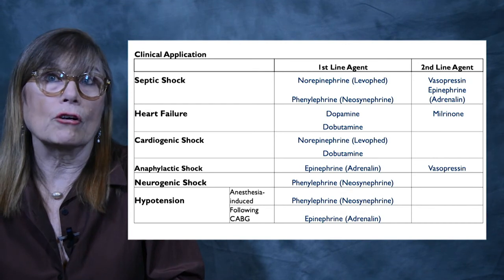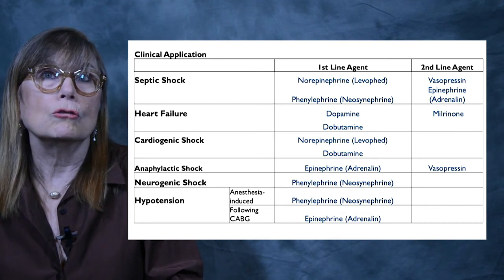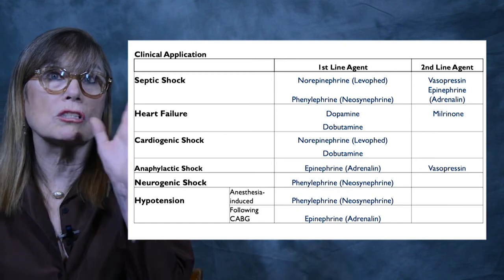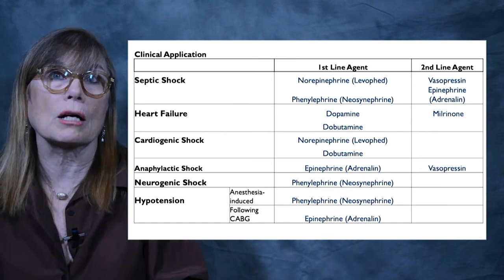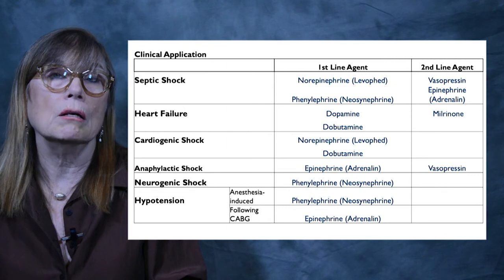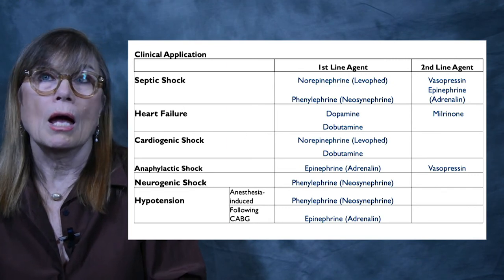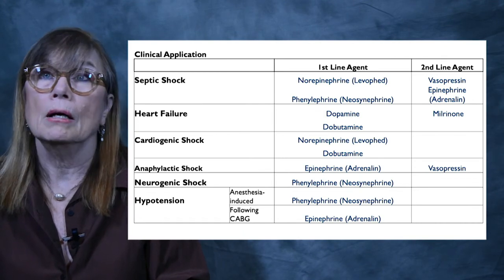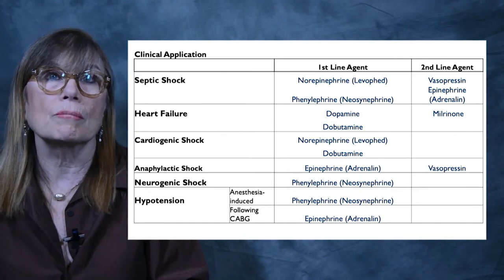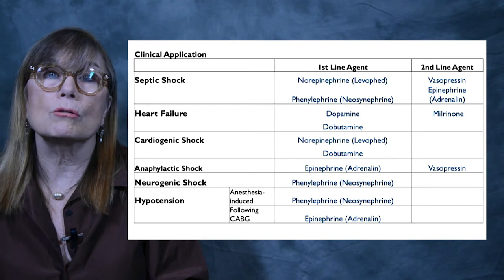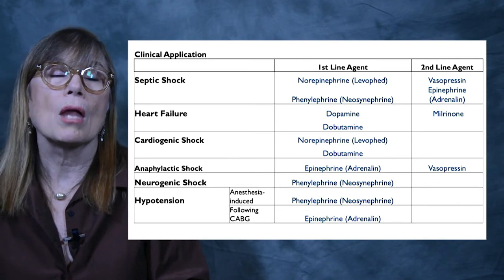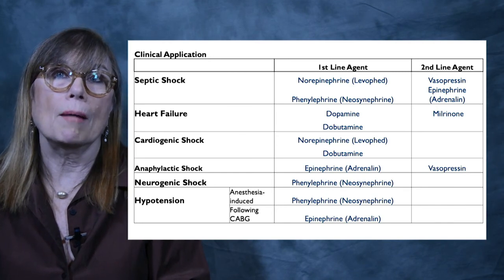For heart failure, dopamine, dobutamine, and the phosphodiesterase inhibitor milrinone, which does not affect your heart rate but improves contractility while also causing mild vasodilation. Anaphylaxis, no worries, epinephrine, we always knew that, and second-line vasopressin. Neurogenic shock, neosynephrine, anesthesia-induced hypotension, neosynephrine, and following a CABG, epinephrine.